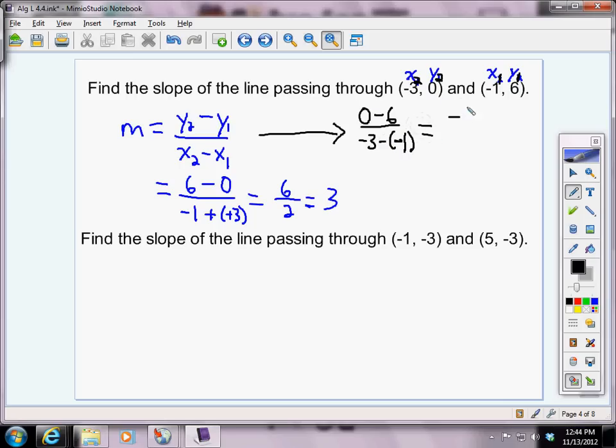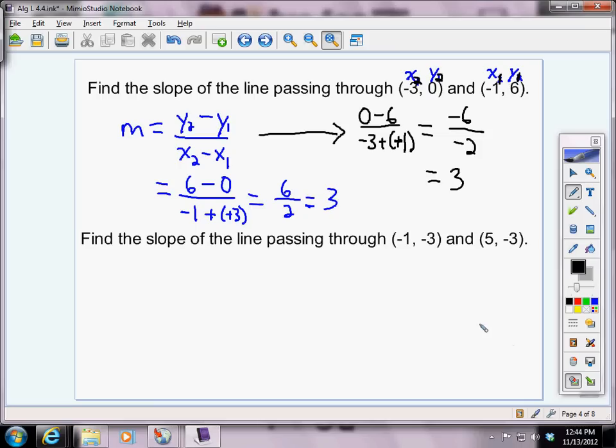Zero minus 6 is a negative 6 over, keep, change, change, negative 3 plus 1 is a negative 2. Negative 6 divided by negative 2 is a positive 3, which is what we got before. So it doesn't matter which point you pick to be point 1 and point 2, just as long as you keep this all as point 2 and this all as point 1, or vice versa.